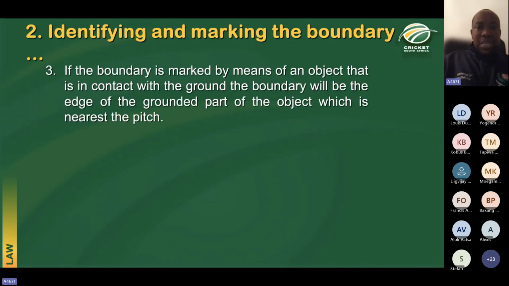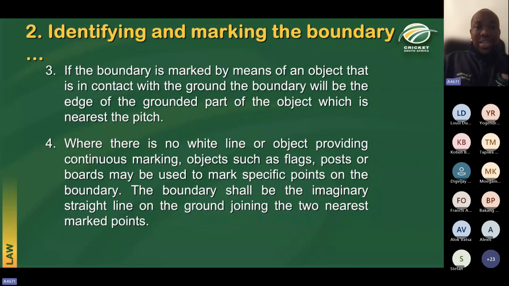If the boundary is marked by means of an object that is in contact with the ground, the boundary will be the edge of the grounded part of the object which is nearest to the pitch, as I've described with a rope as well as boundary cushions. Where there is no white line or object providing continuous marking, such as flags, posts, or boards, the boundary shall be the imaginary straight line on the ground joining the two nearest marked points.